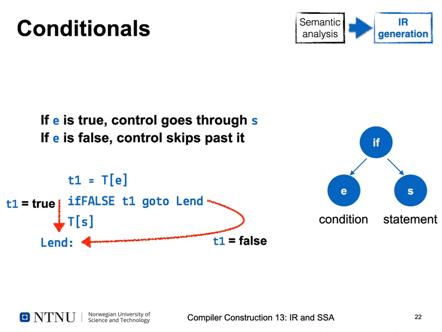So if E is true, our expression here, our control flows through our instruction S, whereas if E is false, we skip the complete translation of S and continue at the first instruction after the translation of S. So that's why we introduce this label lend here into our code.